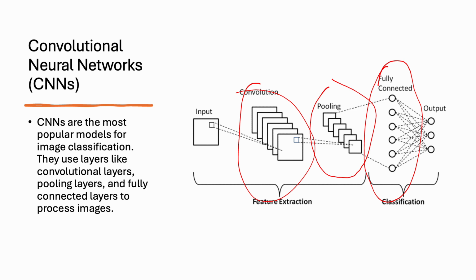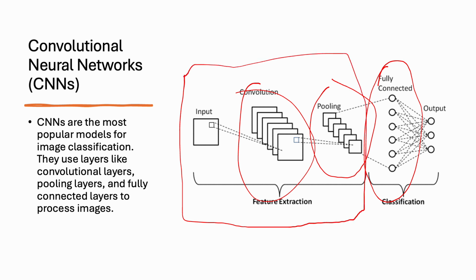Think of CNN as a super smart system that learns to recognize images step by step. So this part, including the convolutional and pooling layers, extracts features from the input image, and the fully connected layer is considered as the classification part of this network.